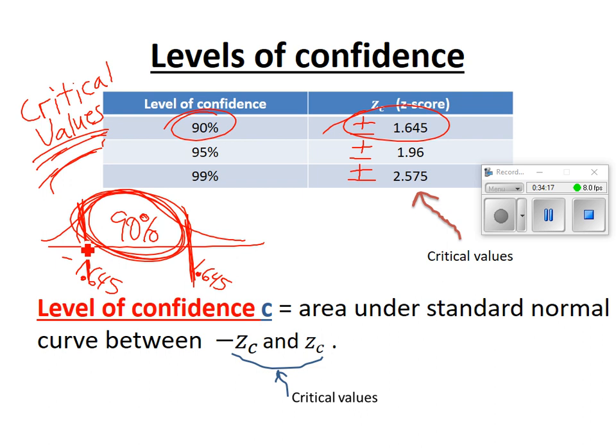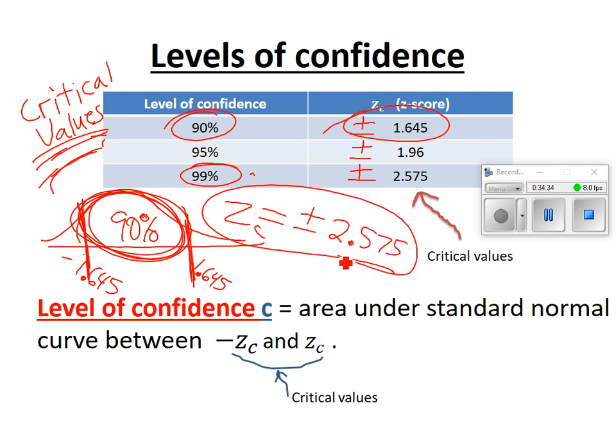So when we go to find a Z-score, if we're trying to find a critical value Z-score for 99%, it's going to be a positive and a negative 2.575. And that's what we're going to use as our Z-score to figure out some of this other stuff that we're going to do.